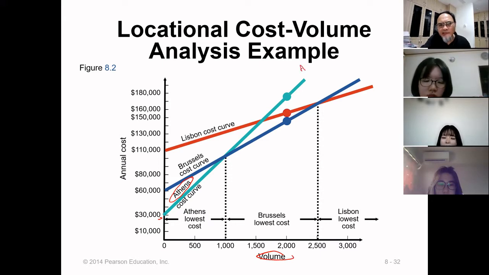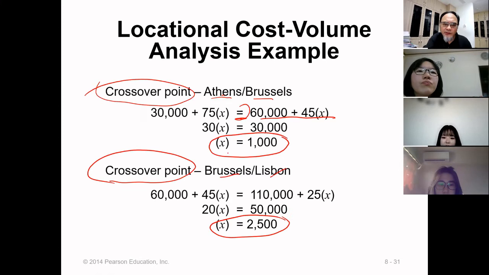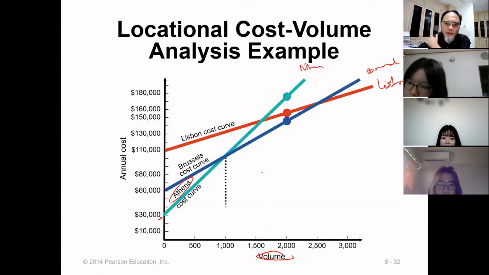So this is Athens, and this is Brussels. The blue one is Brussels, another location, and Lisbon is here. So when we did this crossover, Athens and Brussels is 1,000, then Brussels and Lisbon. So this is where we show it.